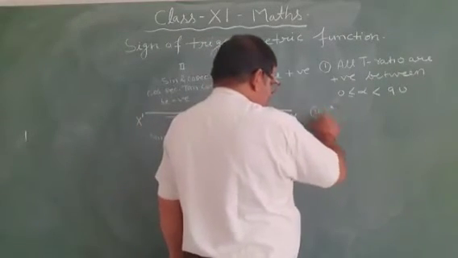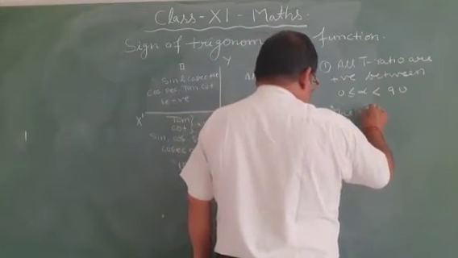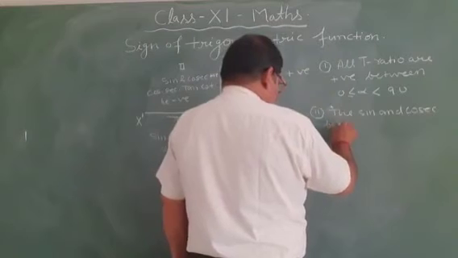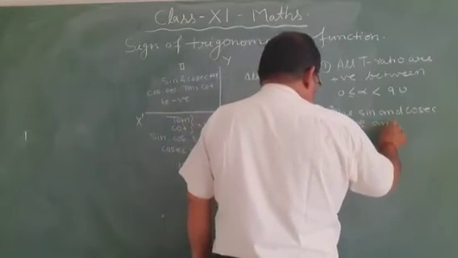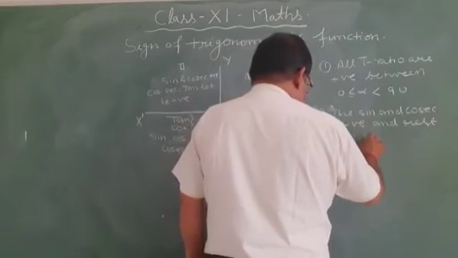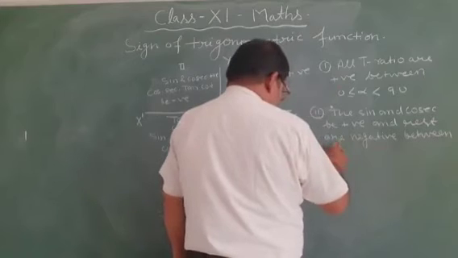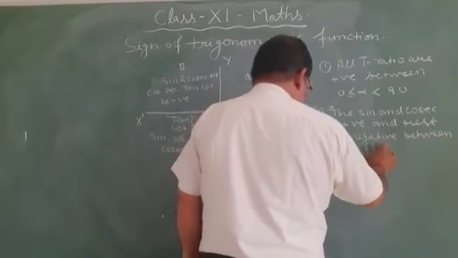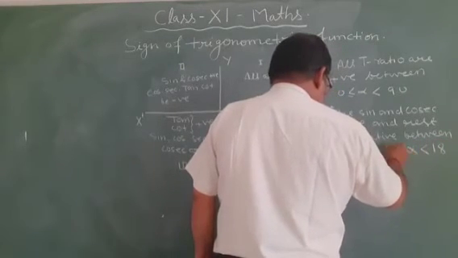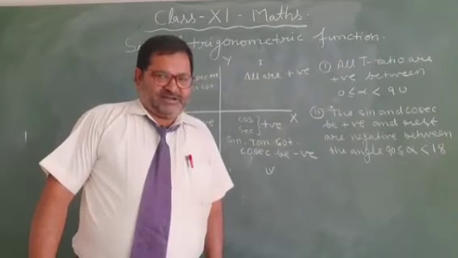And the second, the sine and cosec be positive, and the rest are negative, when the angle alpha lies between 90 to 180.